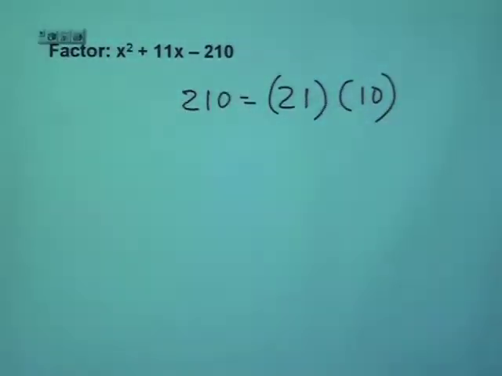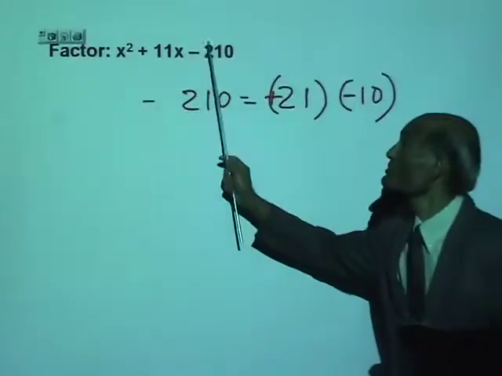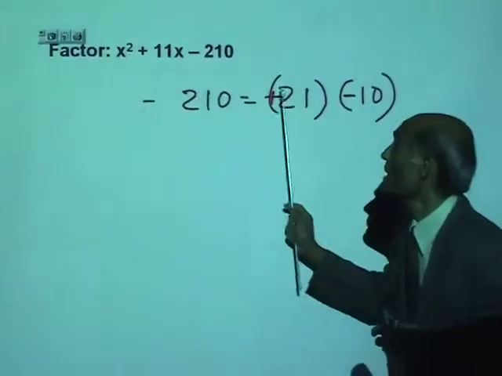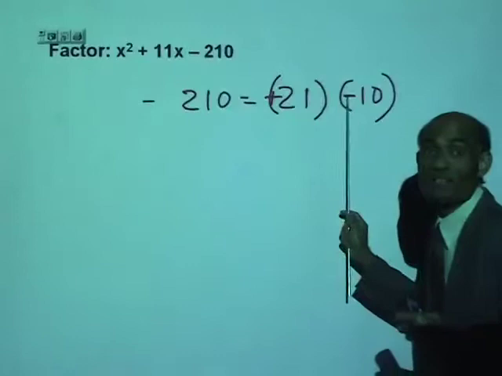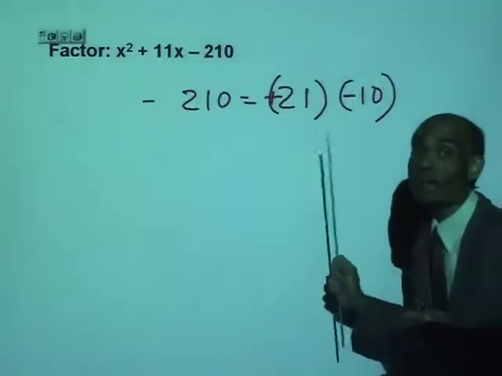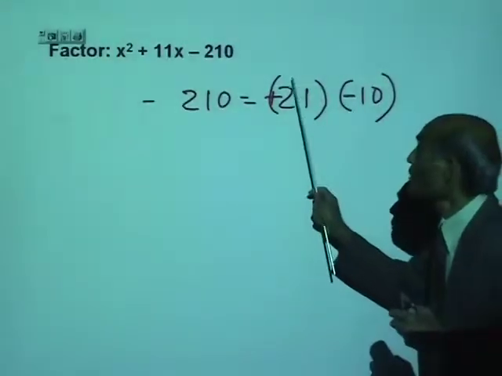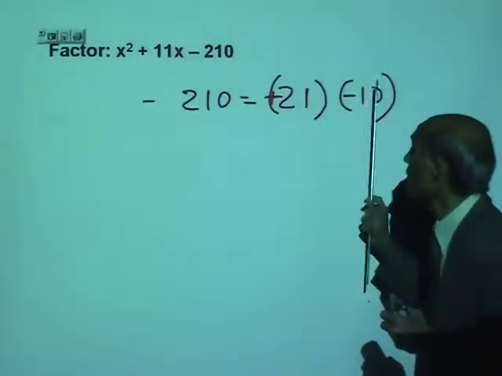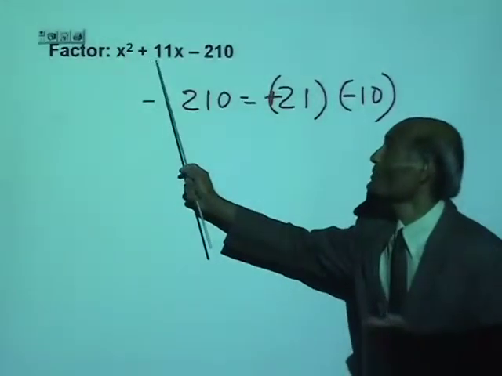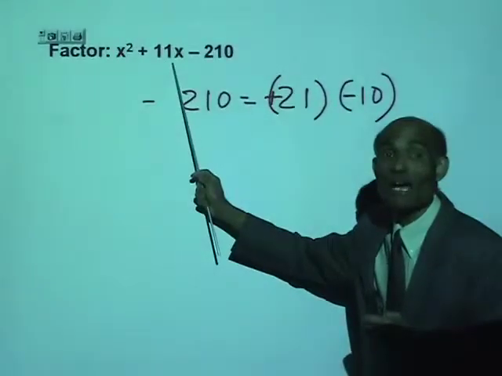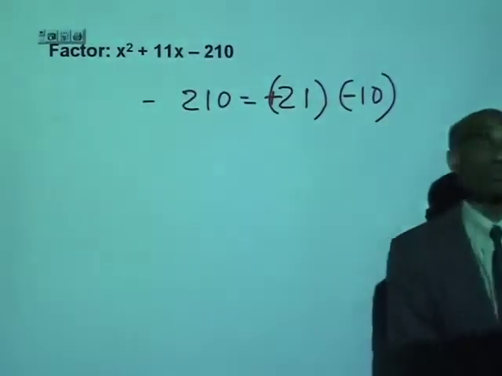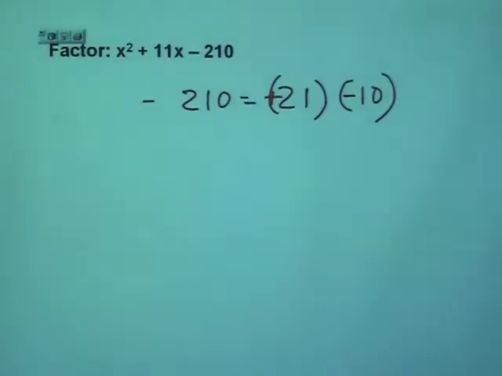So, I'm going to now say that negative 210 is positive 21 multiplied by negative 10. You see? Negative 210, the last term, is positive 21 times negative 10. Why did I choose that? Because if you add positive 21 to negative 10, you get positive 11. You see that? And that is the guiding principle you must use.